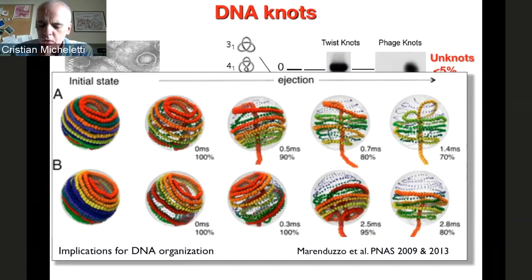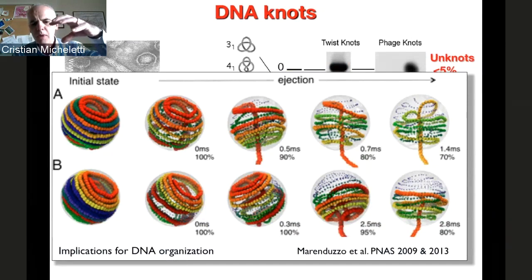The point that I would like to dwell more into today is precisely what is the role of the presence of knots out there in the ejection process of the DNA from the virus, because as I mentioned, in the wild-type virus, all the DNA filament is packed inside the head except for one end that is anchored at the tail of the virus.